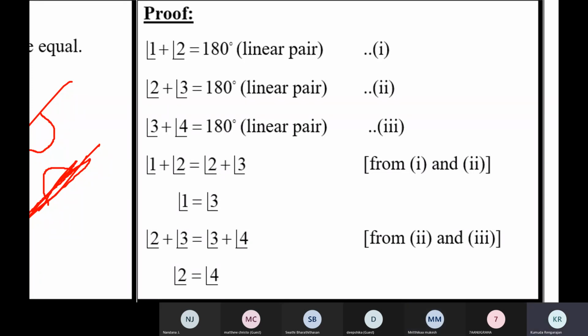Yes, when you have the same quantities in the LHS and RHS, you can just cancel them. You can simply strike it out. So you're left with angle 2 is equal to angle 4. So we have proved that angle 1 is equal to angle 3, angle 2 is equal to angle 4. So we have proved that vertically opposite angles are equal.